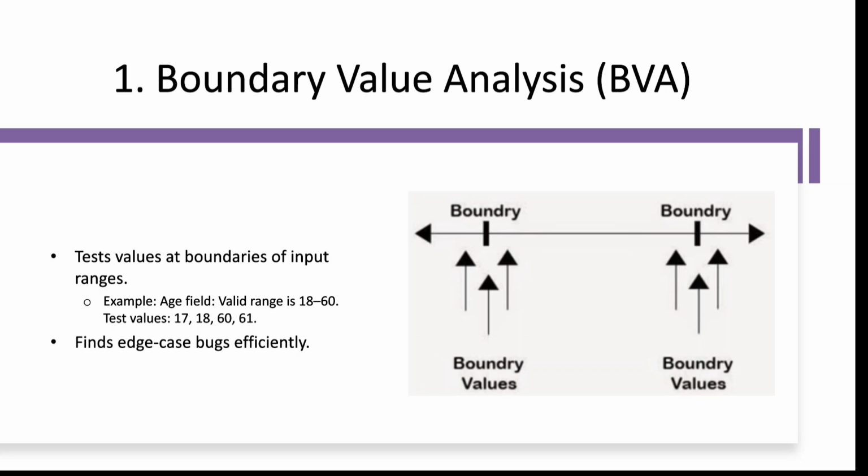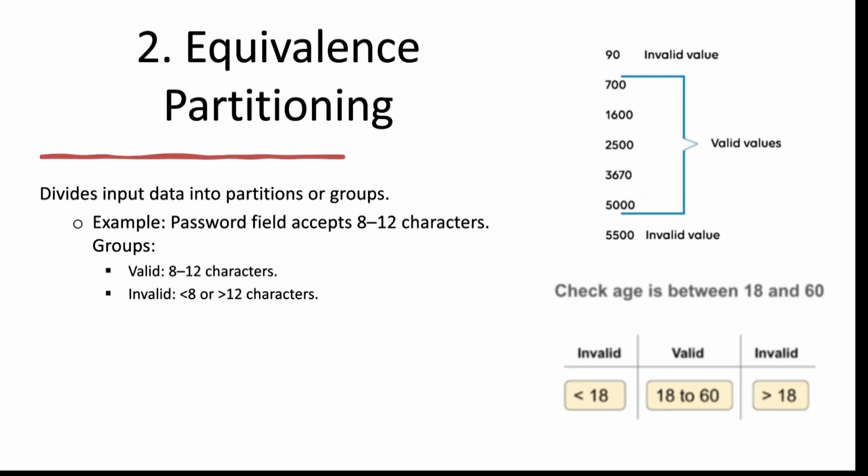We select the first digit and last digit, and if it is a text field, we can put in the first digit minus 1 and the last digit plus 1. That way we can write our test cases and test our software. That is boundary value analysis, and through it we can find edge case bugs in a very efficient way.